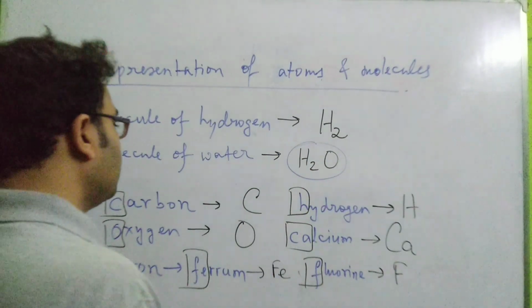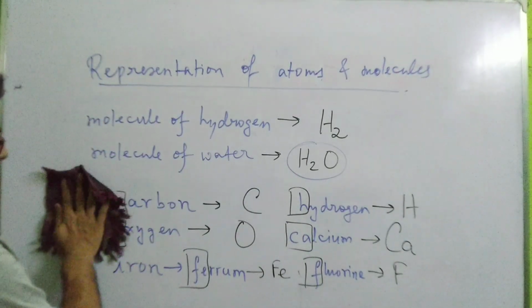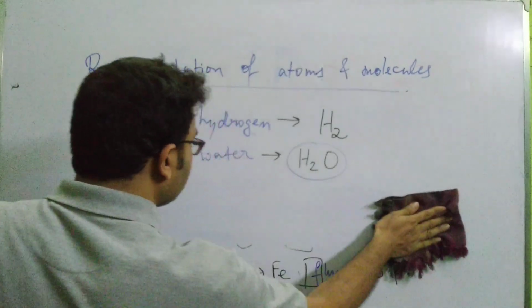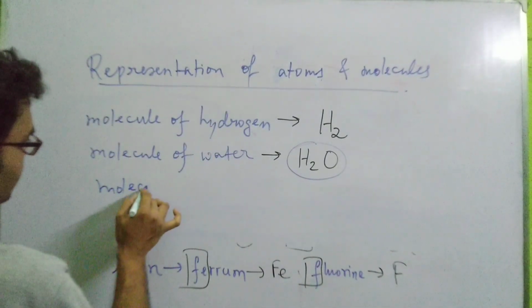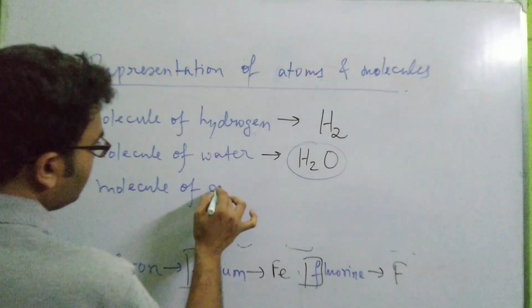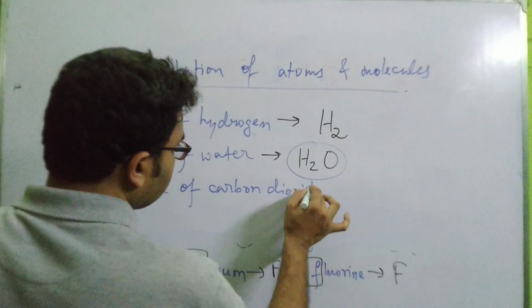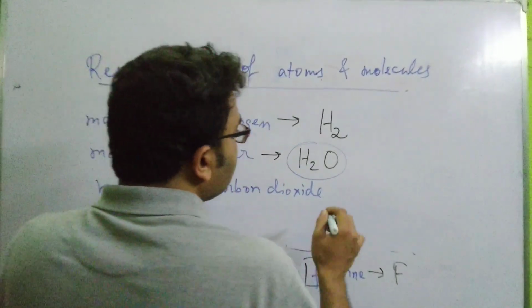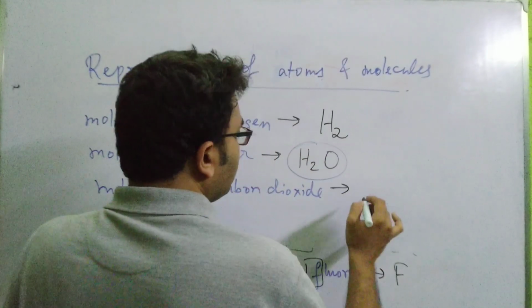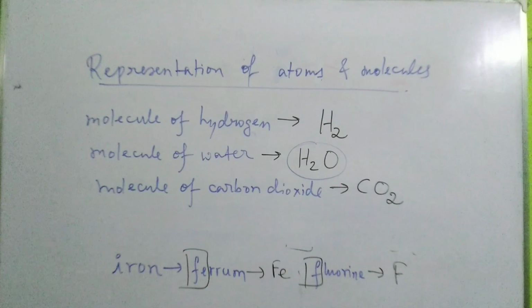Likewise, you have learned carbon dioxide. So the molecule of carbon dioxide will be represented by its formula. This is a compound, so you expect atoms of different elements to combine, and as you know, carbon and oxygen combine: CO2. This is the molecular formula of carbon dioxide. Is it clear?